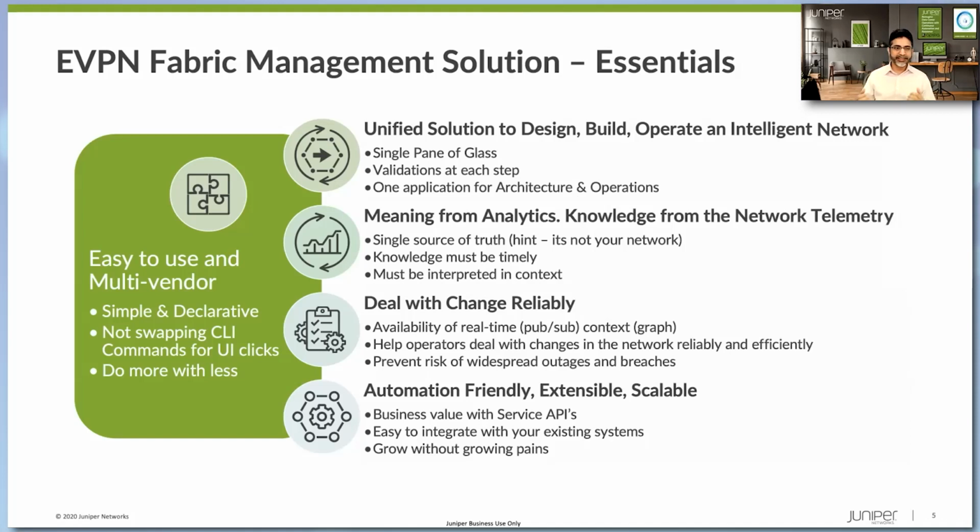That way you can easily integrate with your existing systems and backends, and then you can do what you want to do and focus on your usual business while the tool takes care of it. So in summary, with a sophisticated fabric management tool, you would get a smooth operation and a good experience, and then you can grow without growing pains.